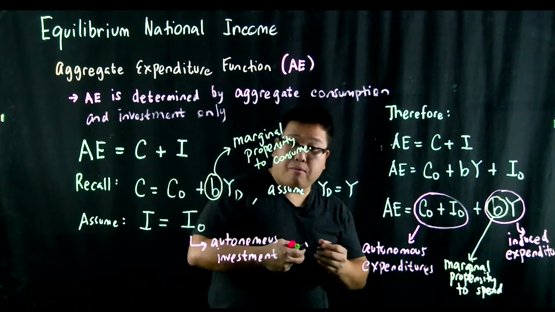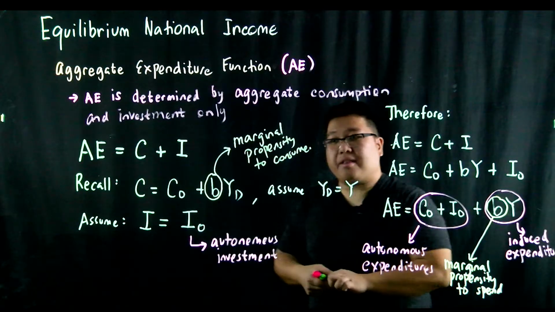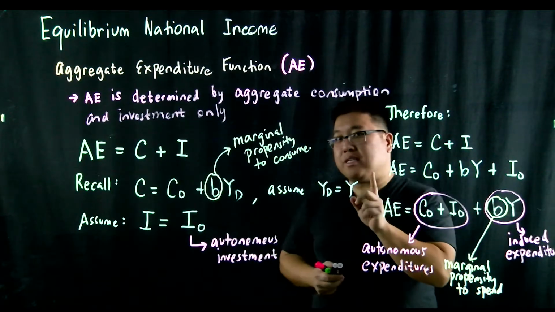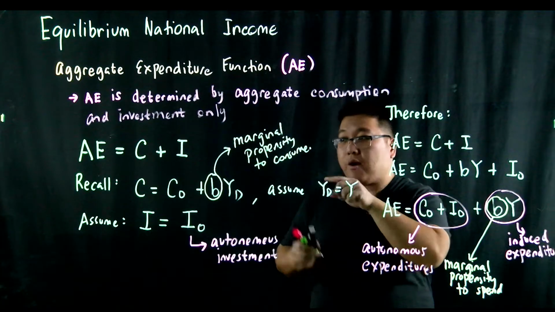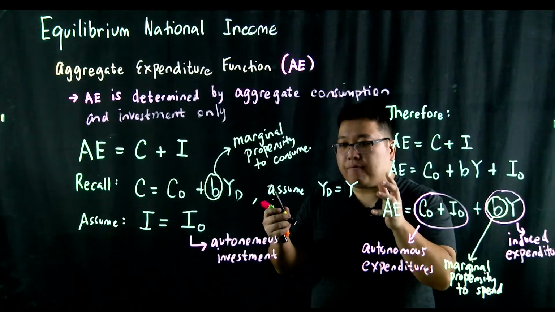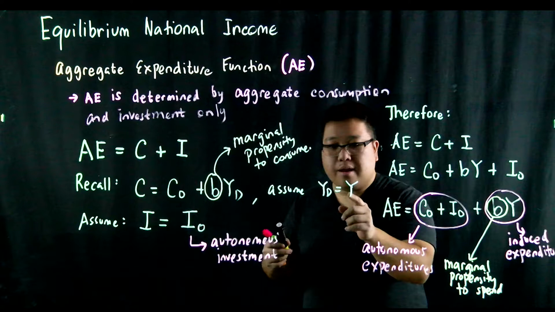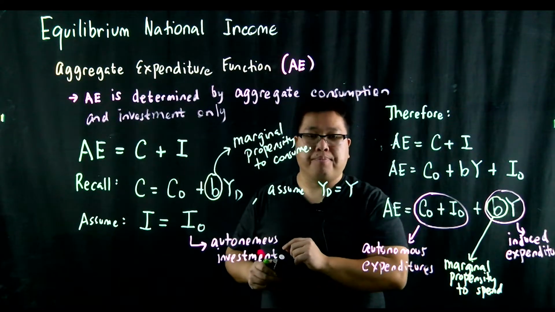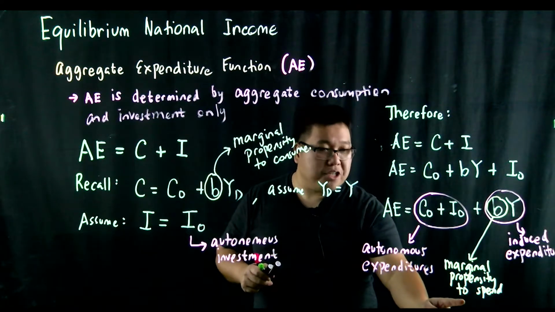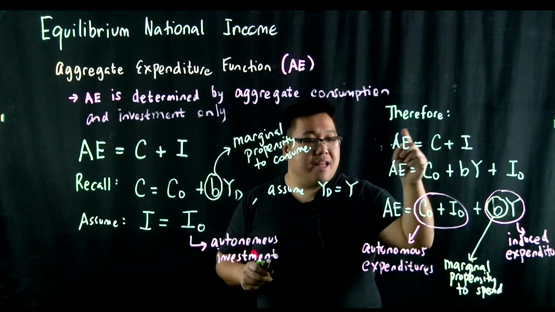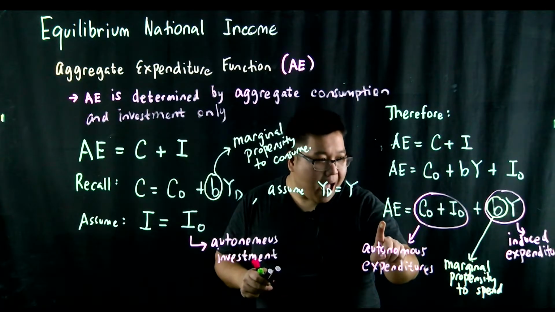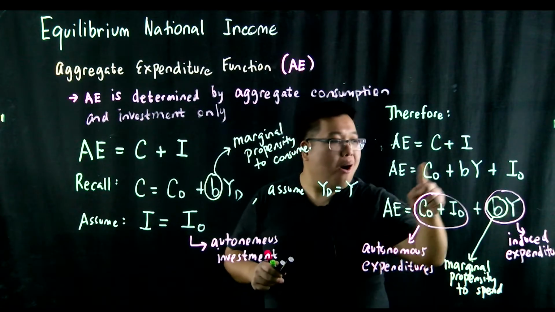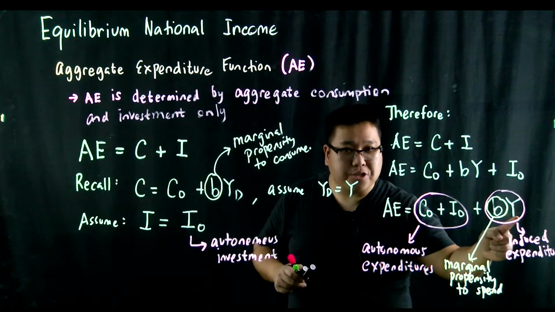Let's look again at the definition. Marginal propensity to consume is the amount of extra consumption our economy will receive if there is an increase in disposable income. In contrast, the marginal propensity to spend is the additional aggregate expenditure that our economy will have as a result of an increase in national income.